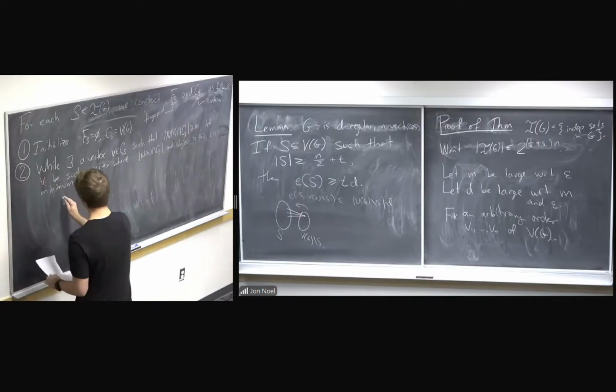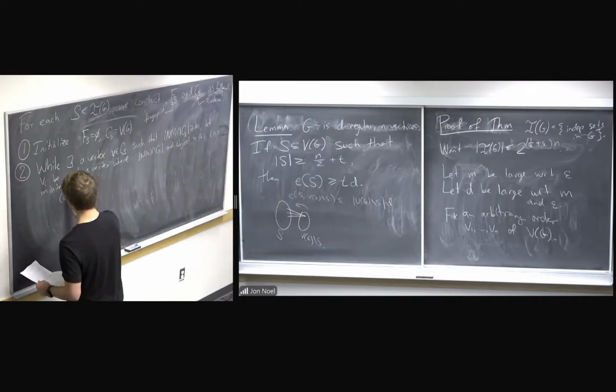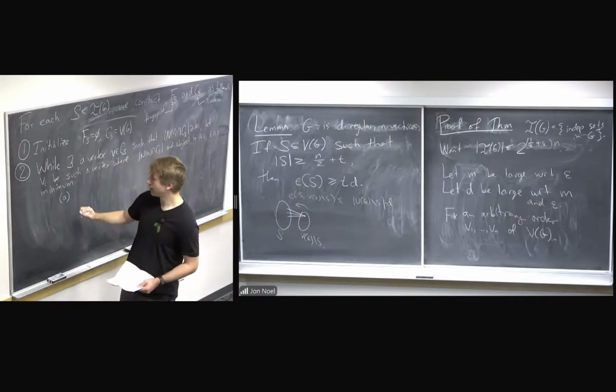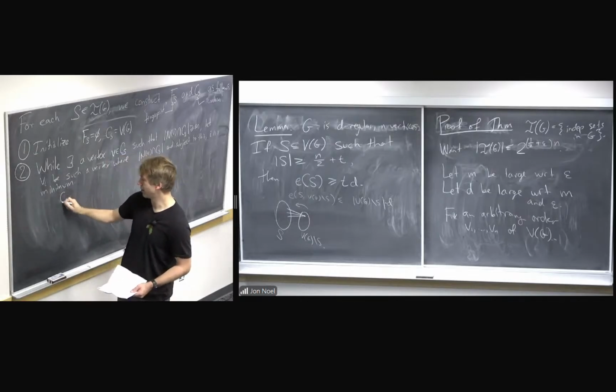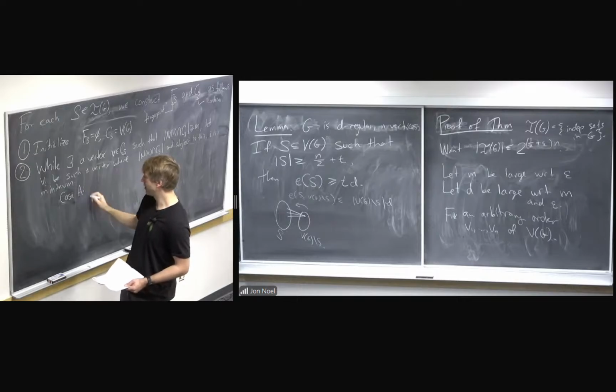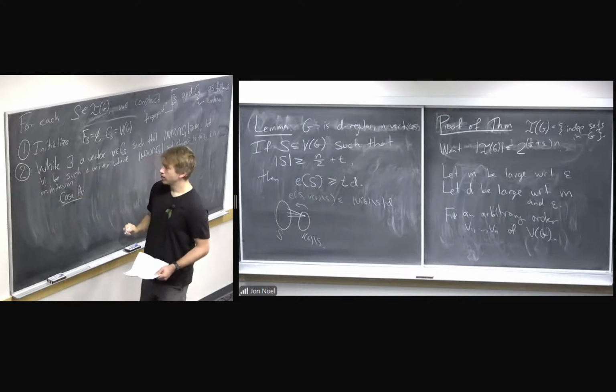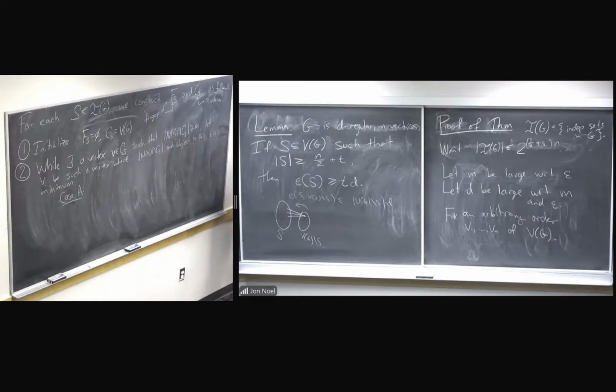Okay. So now we get into two cases. Let me say, case A or something. Sorry, it says let VI be such a vertex where the size of the neighborhood of VI intersect CS is maximum.